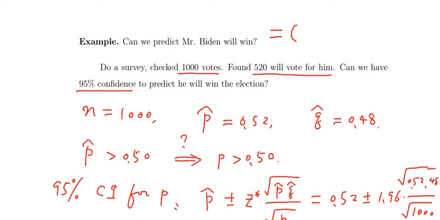Okay, so we find the lower bound is thus 0.489, and the upper bound is, that is plus, upper bound is 0.551.